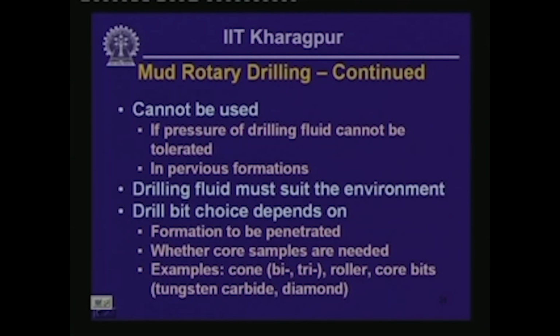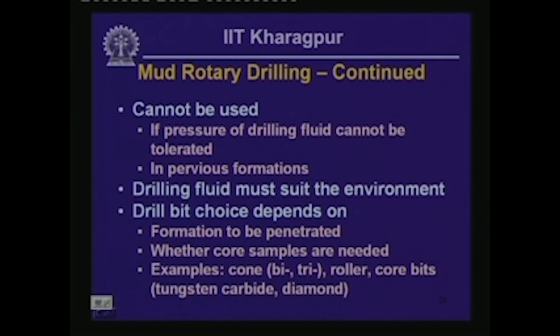Now, what are the advantages and disadvantages of mud rotary drilling? As in the case of air rotary drilling, this process cannot be used if the pressure of the drilling fluid cannot be tolerated, or in pervious formations such as open work gravels, where the drilling fluid pressure cannot be sustained because the drilling mud can flow through the formation without much resistance.